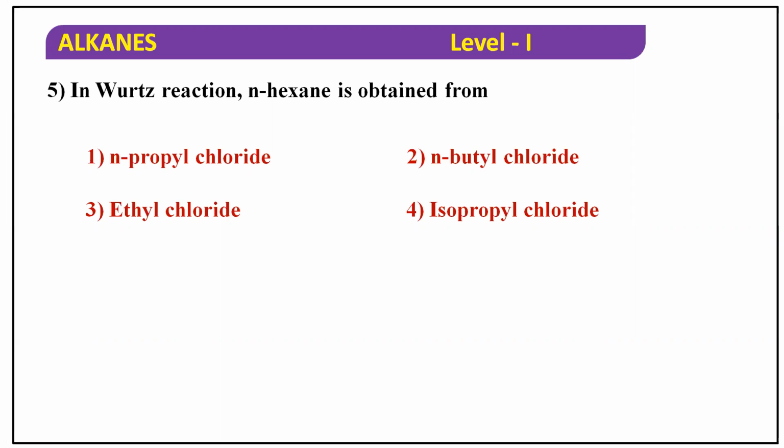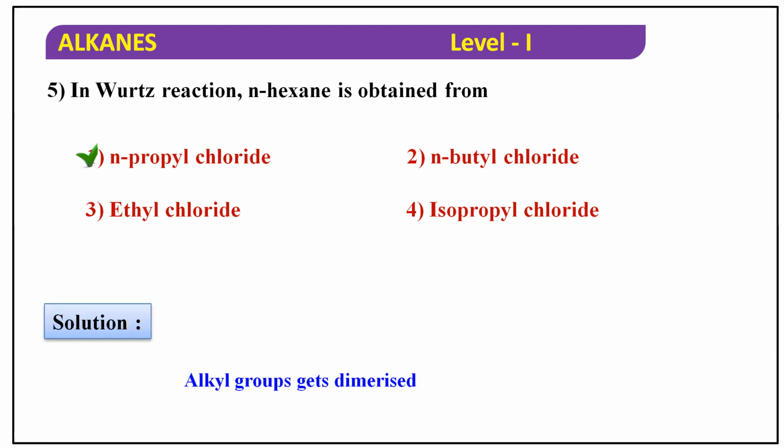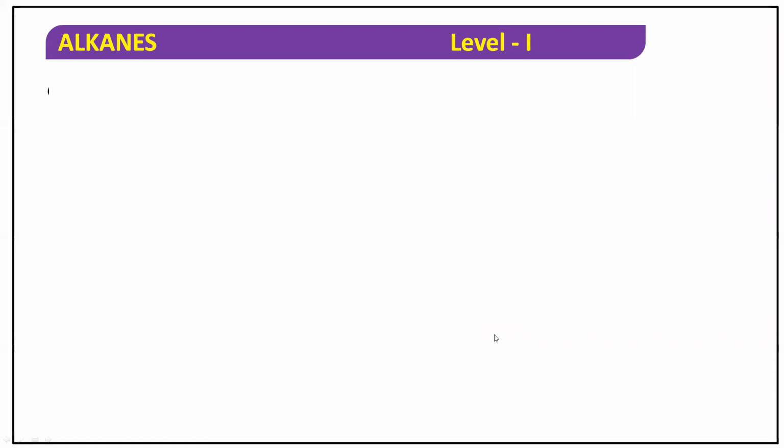So the double will be 6. So of course, in this case, which one will we go for? First option, n-propyl chloride. Right? Normal propyl chloride. Then only the carbon chain will become double. So 3 plus 3 will become 6.